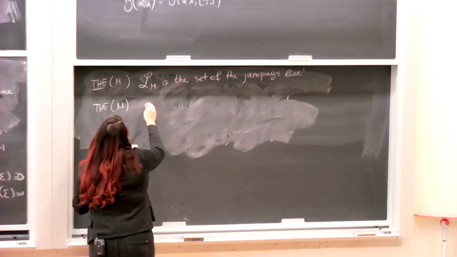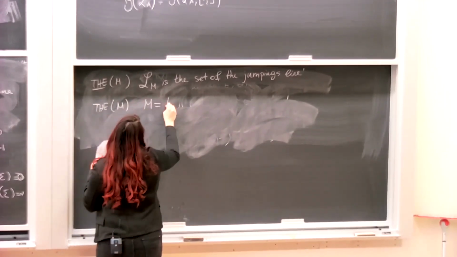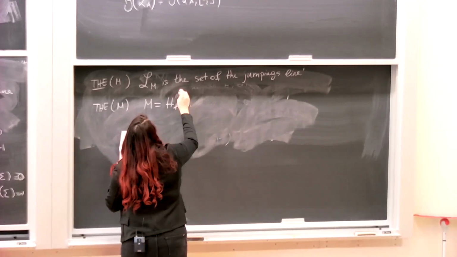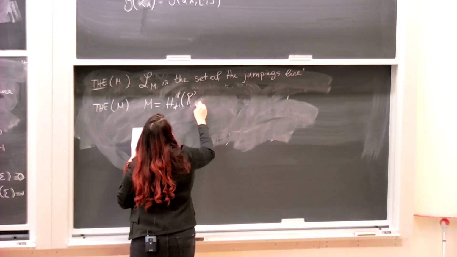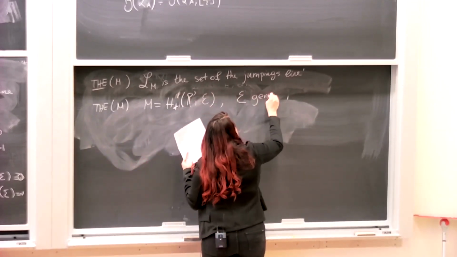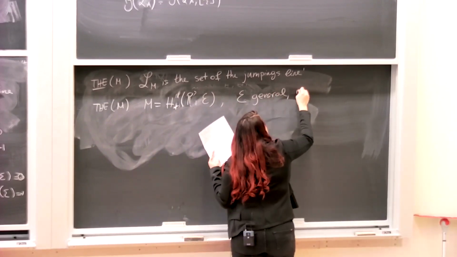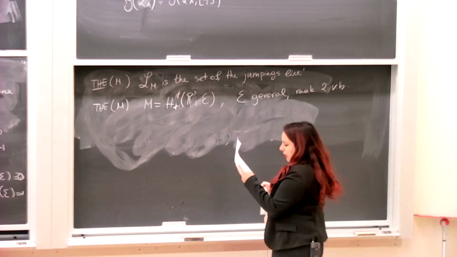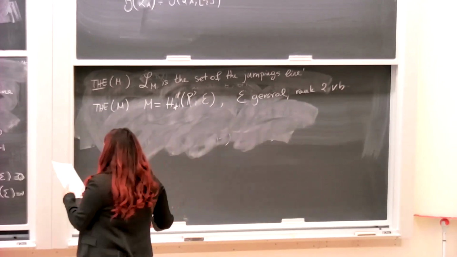And so we have that if M is as I defined above, and E is general, then the expected codimension is achieved.